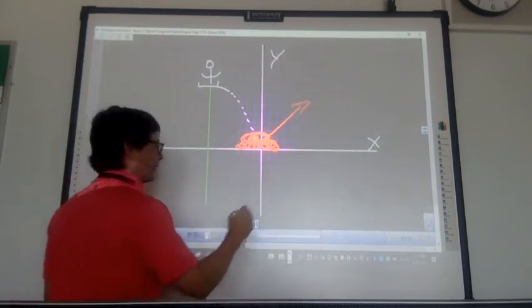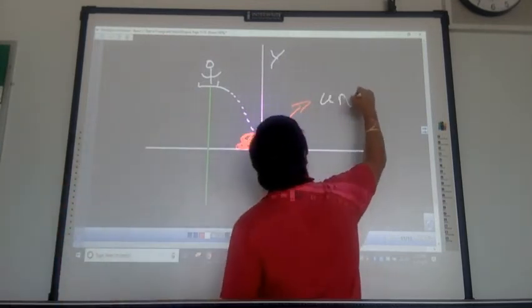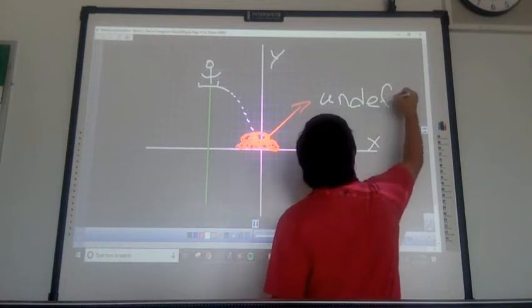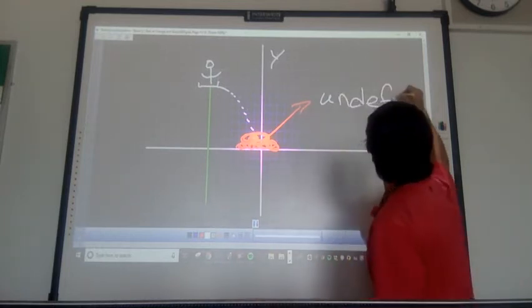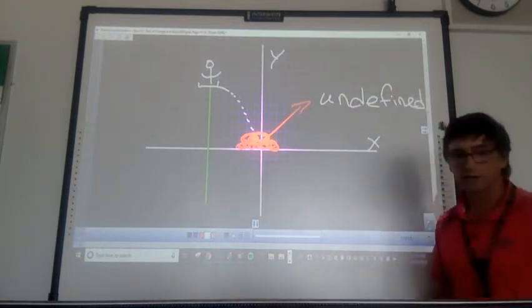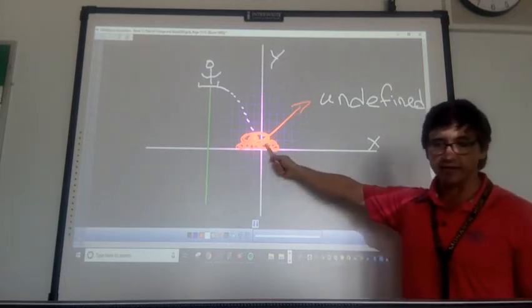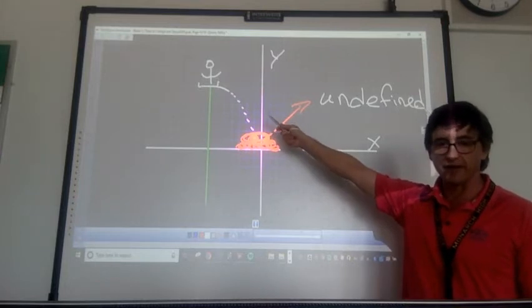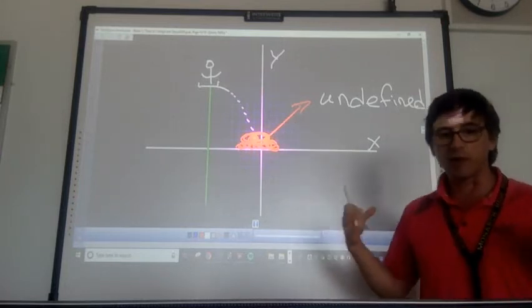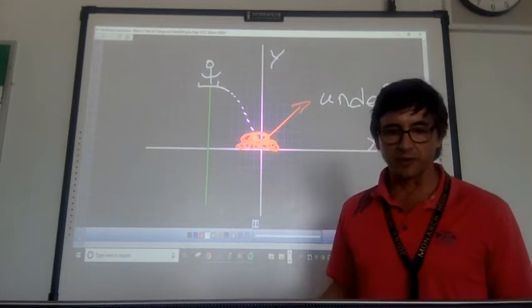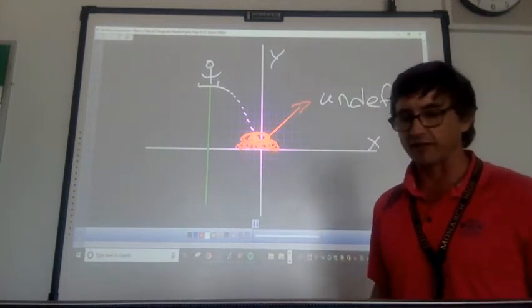And now our friendly little snowboarder dude, or dudette, is undefined, right? They're a smashed, bloody mess on the x-axis. They are now undefined. So stupid ways to remember things will help you. So use that kind of stuff.